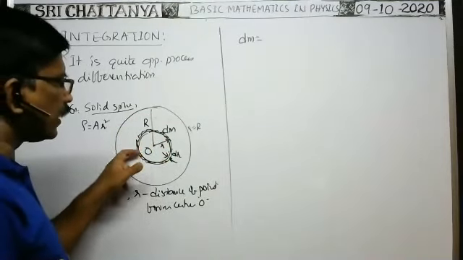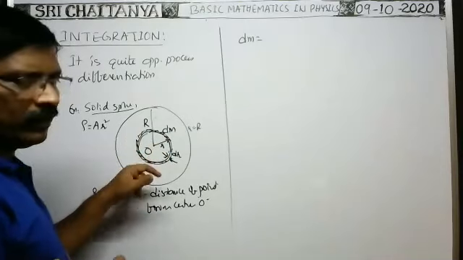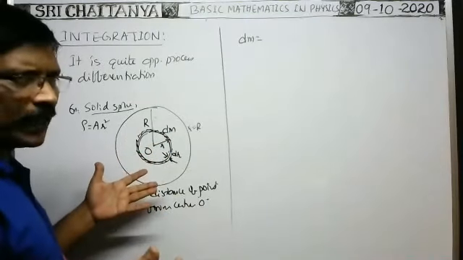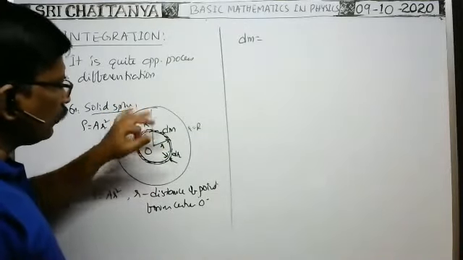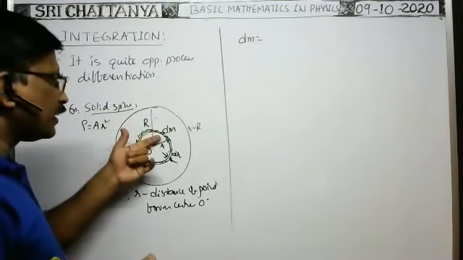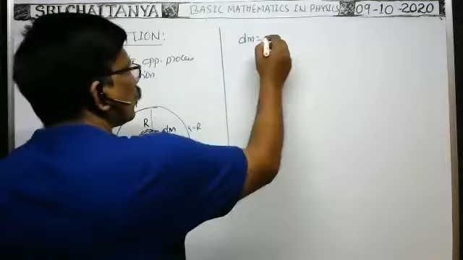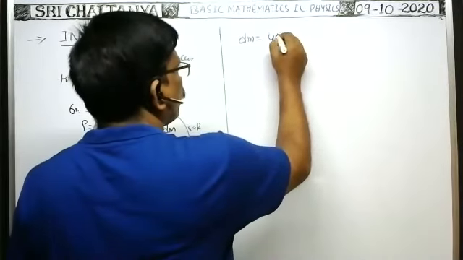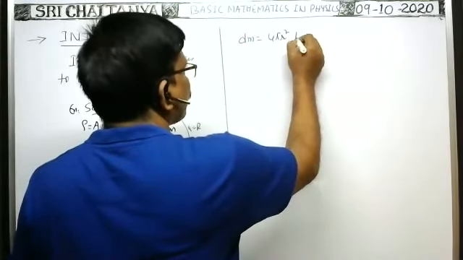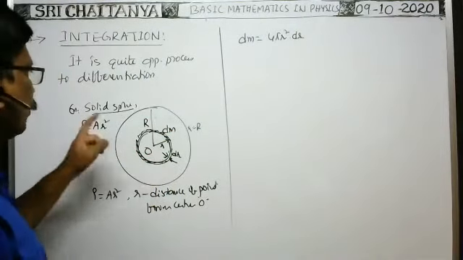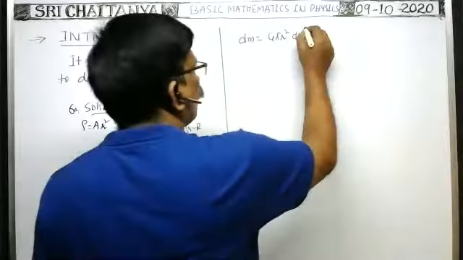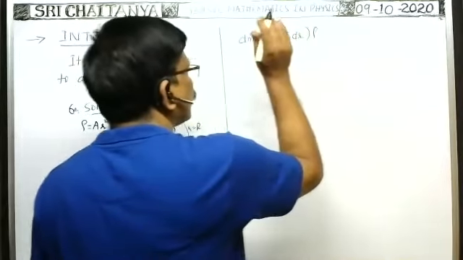What is the surface area of the spherical shell? The surface area of a sphere is 4 pi r squared, so the surface area of the spherical shell is 4 pi r squared, whether inner or outer surface area. So the volume of the spherical shell is 4 pi small r squared into thickness dr. Volume into density, rho, gives the mass.